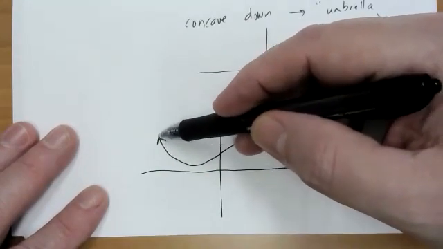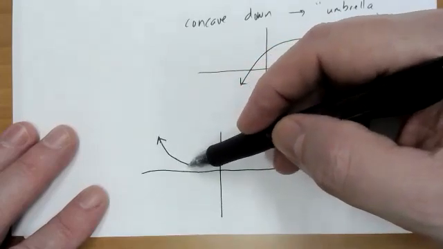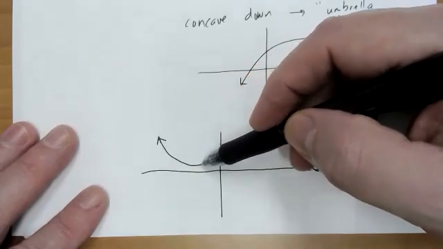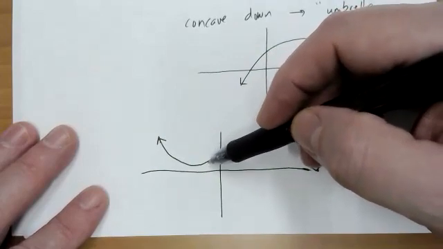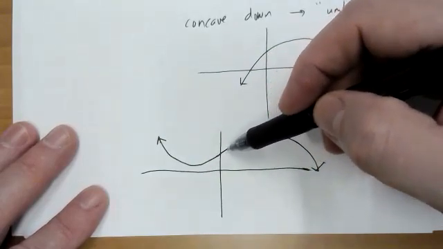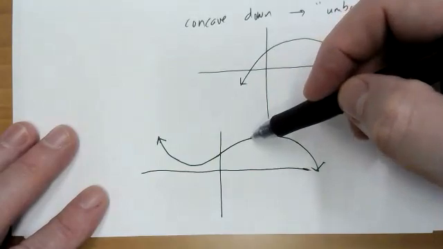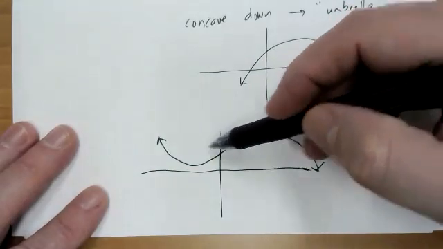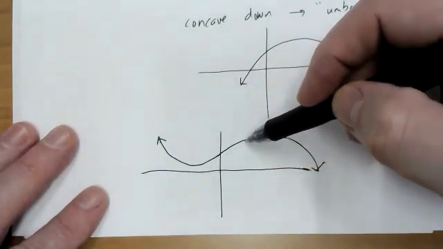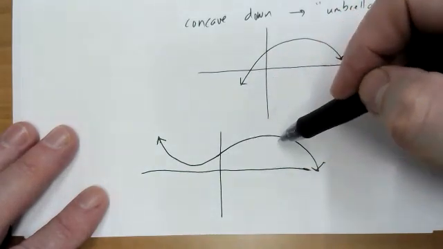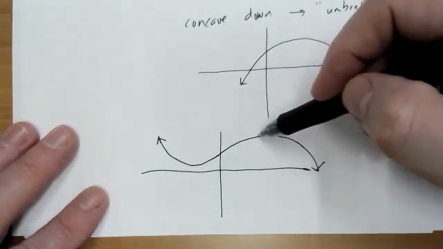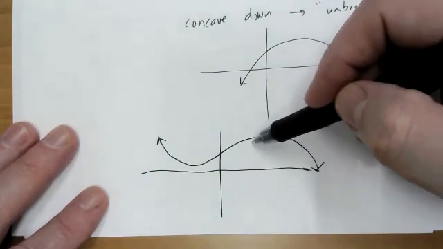It's opening up. And right here, it's like a bowl, right? Now, what's interesting is I keep going, and then by the time I get over in here, I notice it's not like a bowl anymore, because now it feels like I'm at the top of an umbrella.